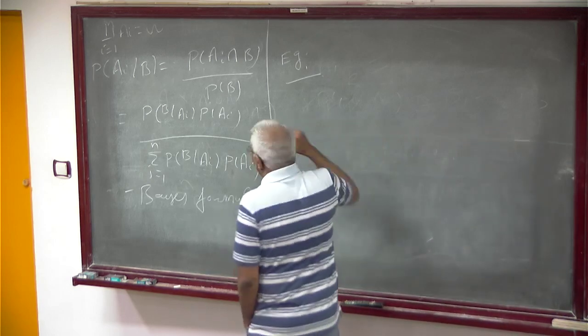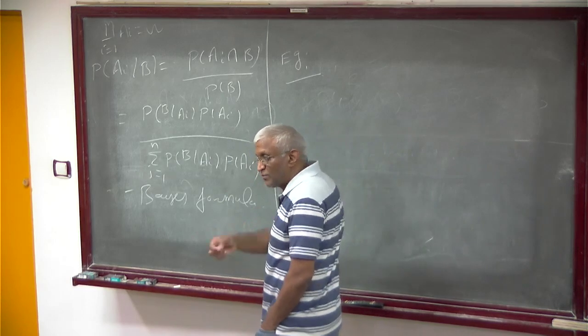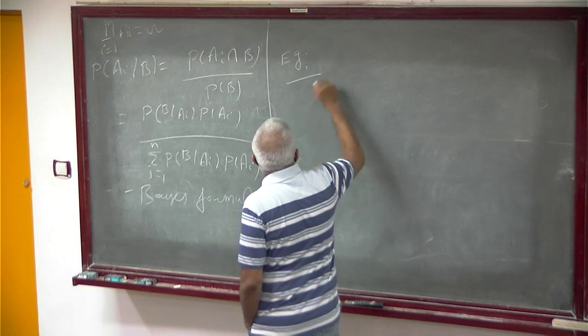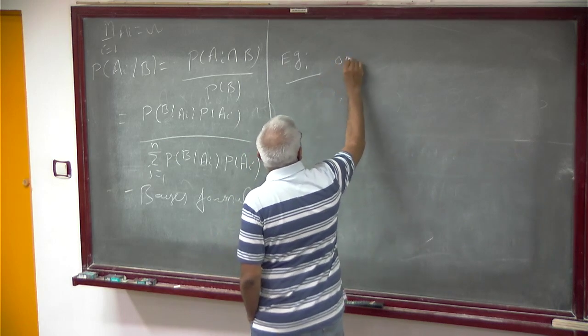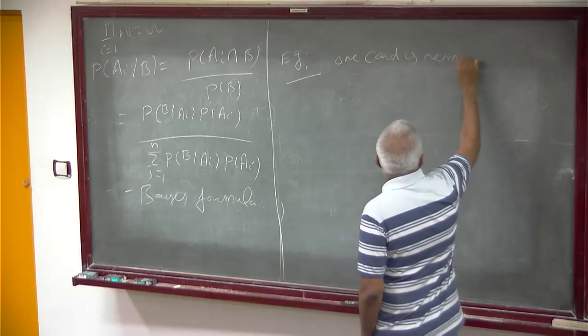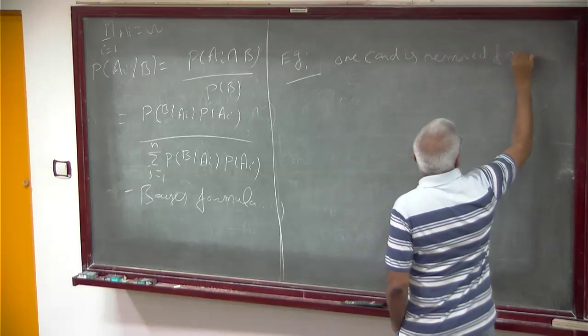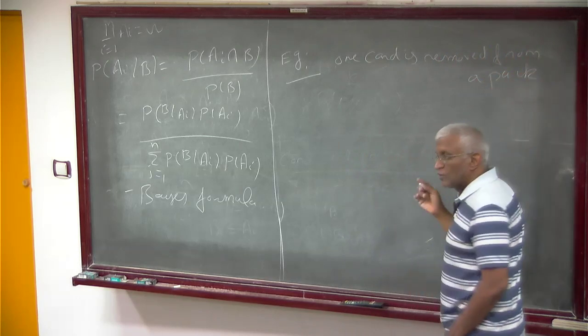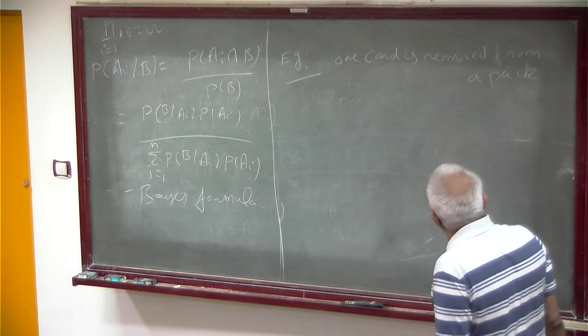So you have a pack of cards and you removed one. Our omega is a pack of cards from which one card is removed. You don't know which card that is.